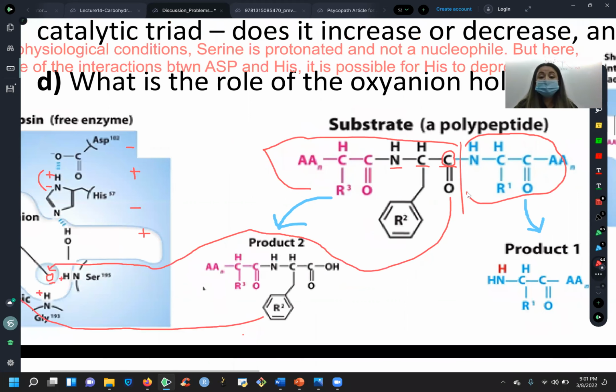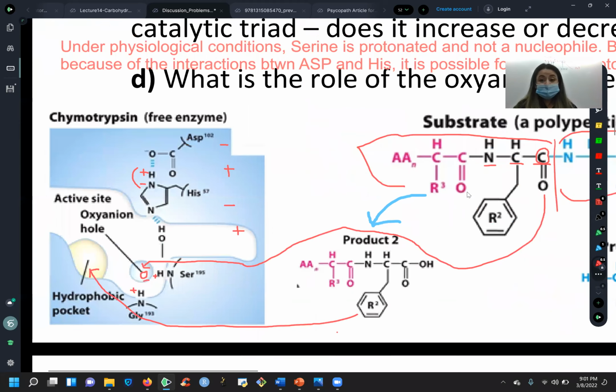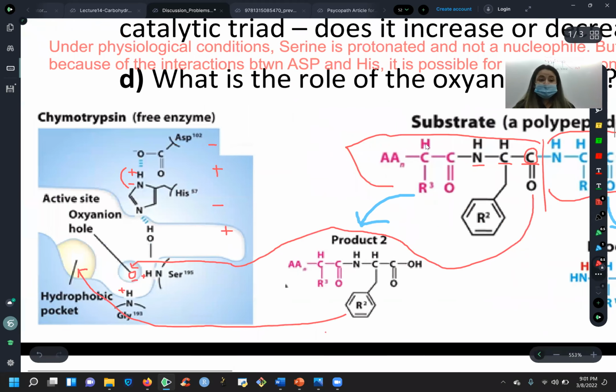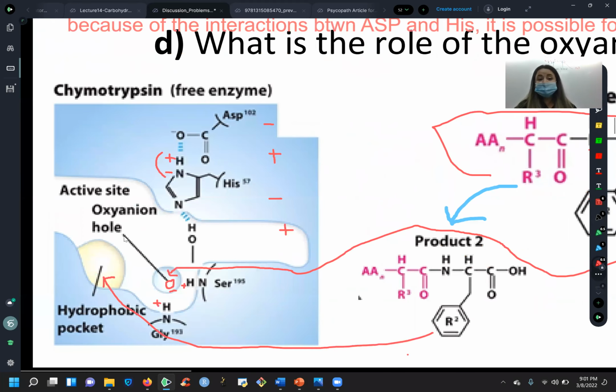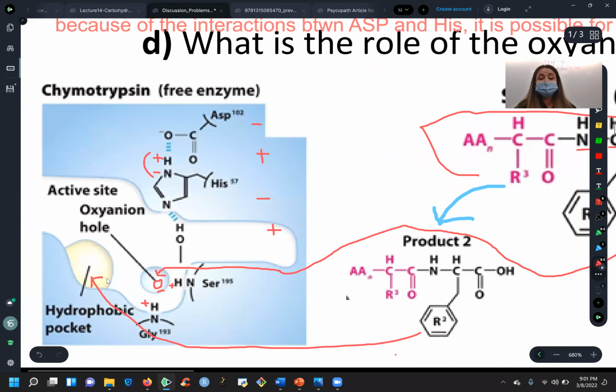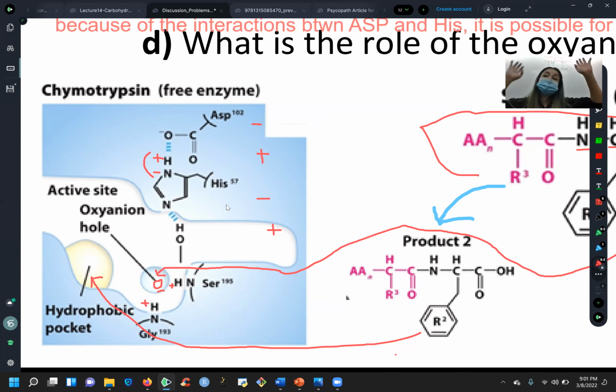So, okay, that polypeptide goes into the active site of chymotrypsin, and everything goes where it's supposed to be, the phenyl group, the carbonyl oxygen. And then in step 1, aspartate, there's a slight conformational change that puts those groups closer together, and all of a sudden they can't resist each other anymore.